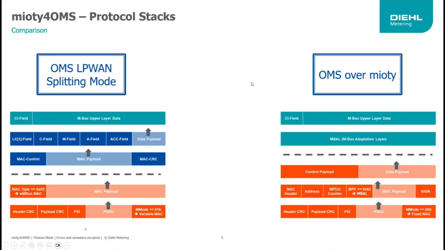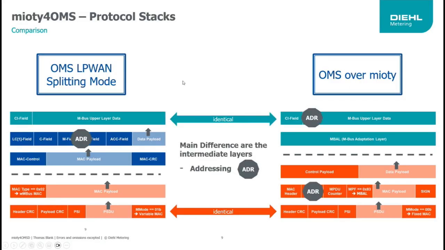So if we compare it one by one, you see that mainly the physical layer is identical. Of course, not the M mode field, but the rest means the radio technology is exactly the same. And what is also identical is the way those metering data points are coded in these upper layers. So the main differences between those two approaches are, for example, the addressing.